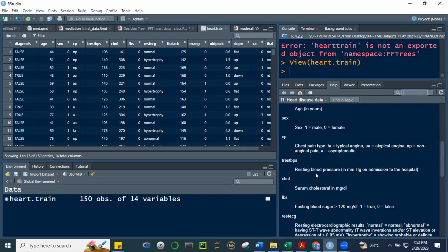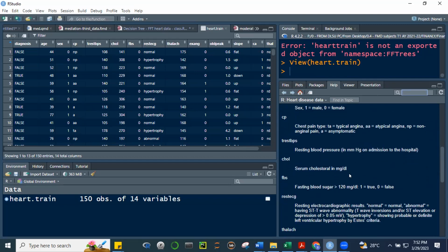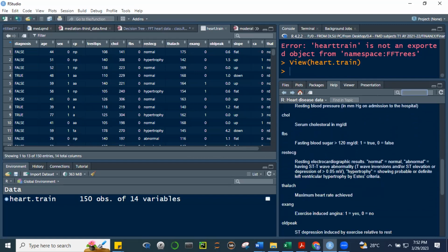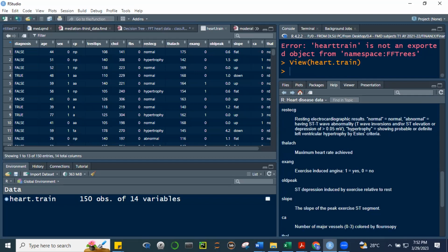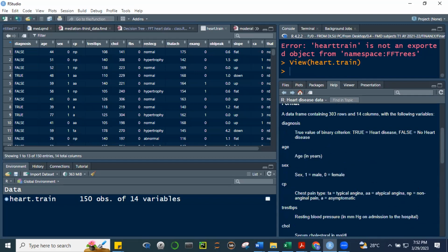And then resting blood pressure in mercury millimeter upon admission to the hospital, cholesterol, fasting blood sugar, and then ano pa to? Mga ECG, no? Rest ECG, maximum heart rate achieved, etc. So there are 14 variables all in all.